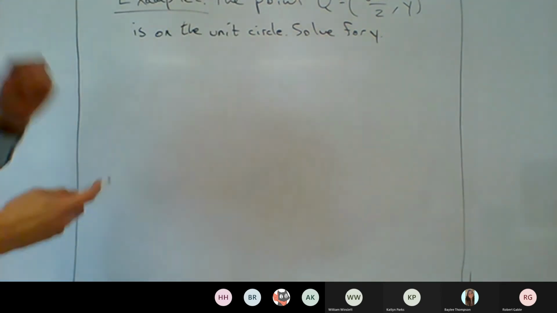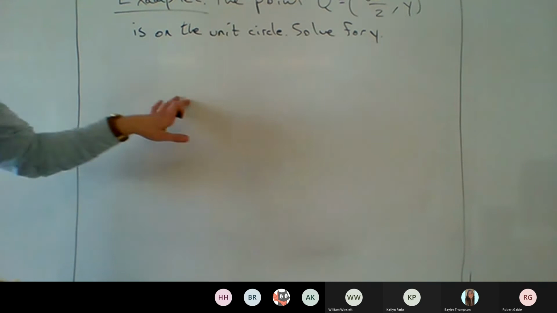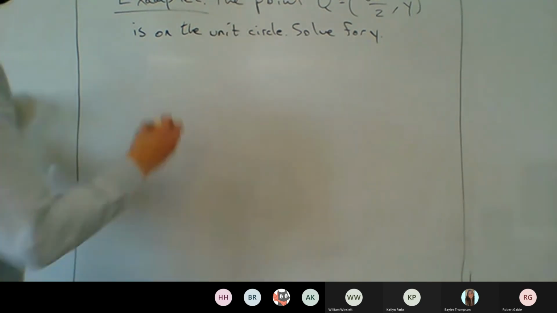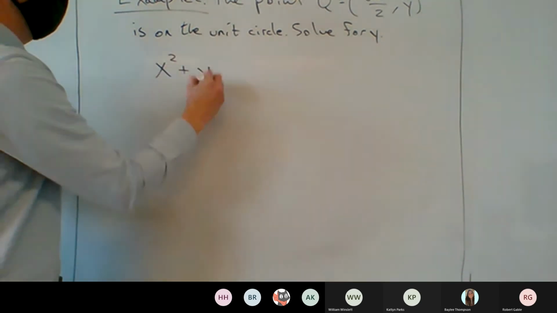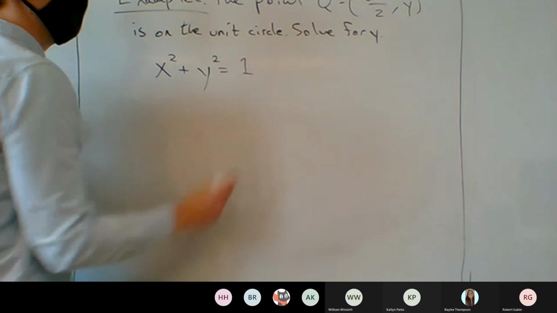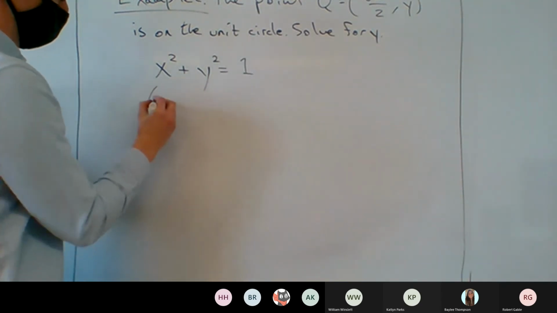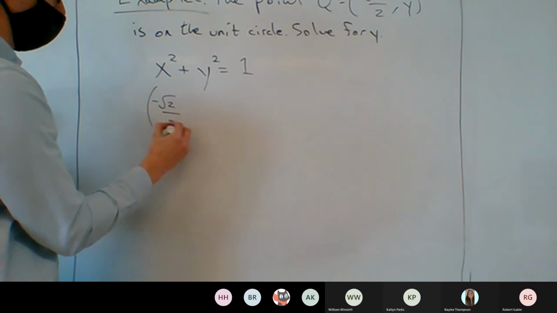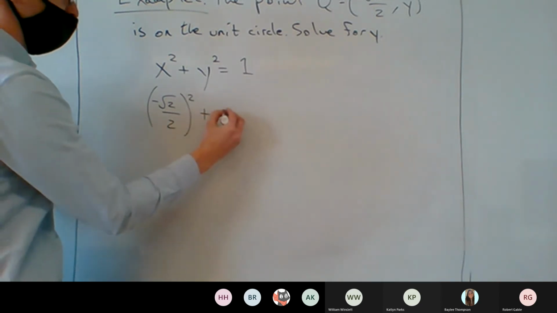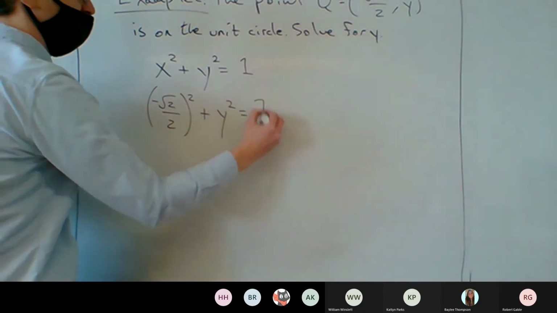Hopefully you're already working on this. We start with the unit circle equation. I'm told that a particular x value is negative square root of 2 over 2, all squared, and I'm asked to find the y coordinate of this point.